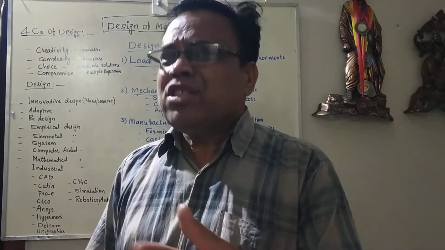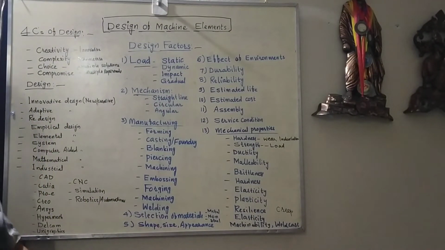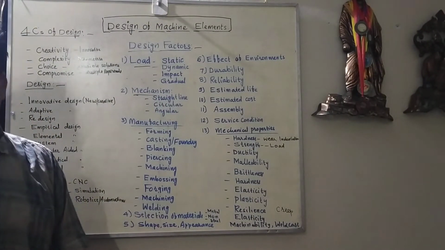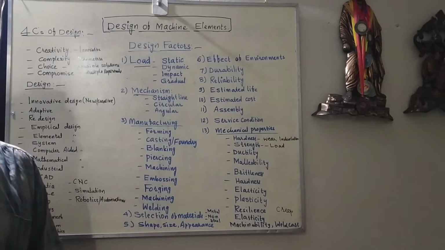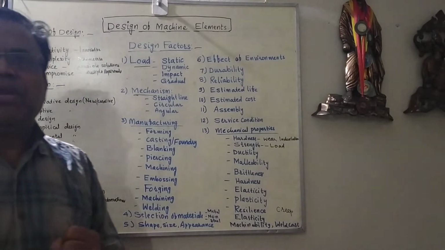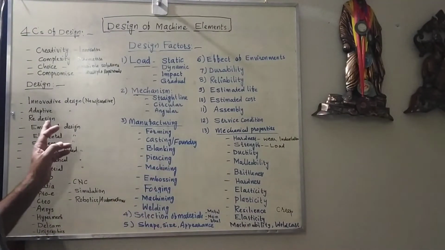How was the conversion? It was slightly redesigned, with slight adaptations to the existing design. Whereas in redesign, there are complete redesigns. At present you see the Nano car. It is completely new, versus BMW, lathe machines, milling machines, drilling machines, mobiles, computer systems, laptops. How are these? These are redesigns.